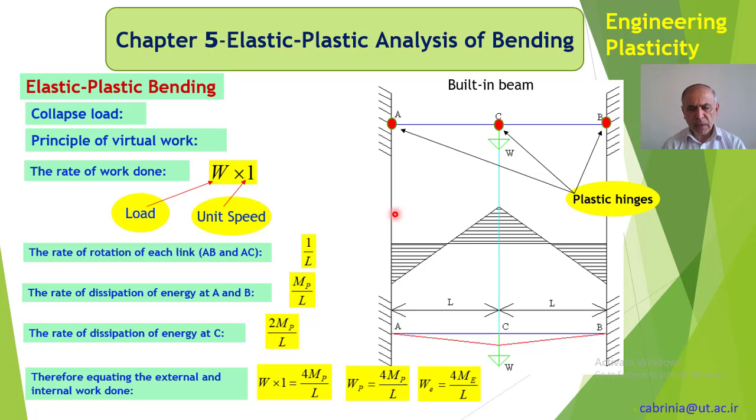And if you remember, the elastic load required to do some elastic deformation is Me over L. Now in here, if we increase this Me to My, we get 4 My over L. That's the limit we can go for the beam before being yielded.